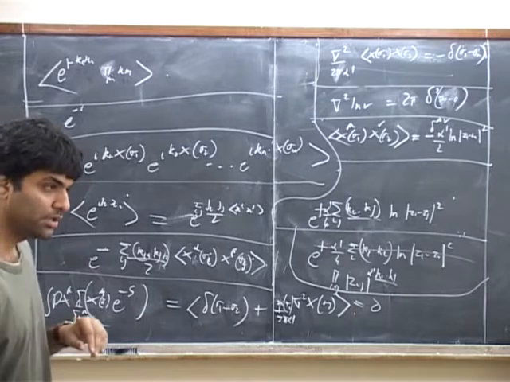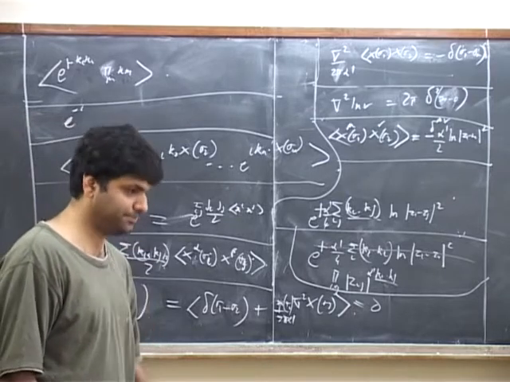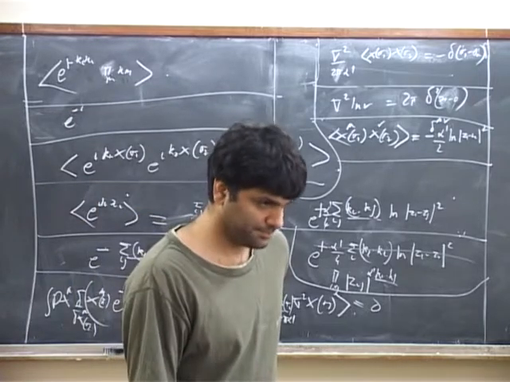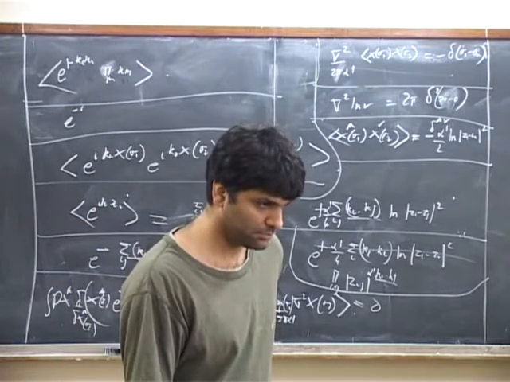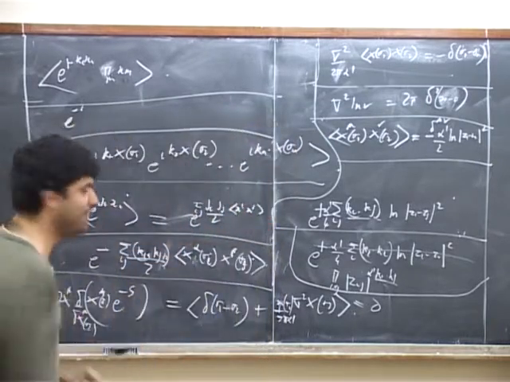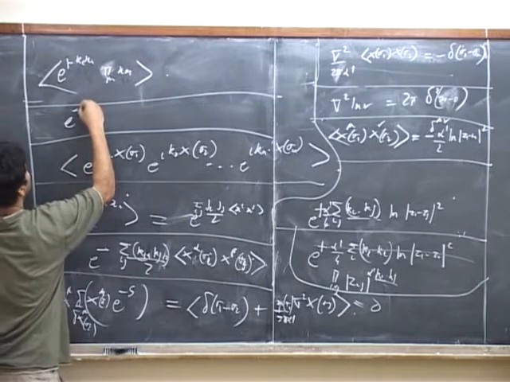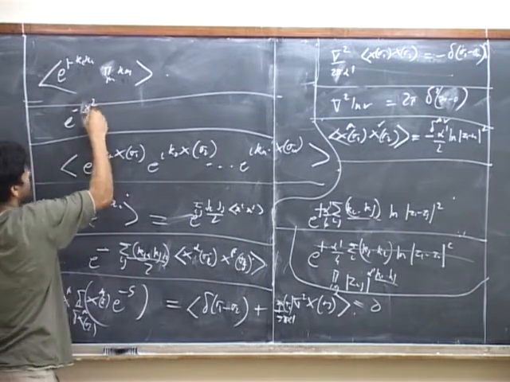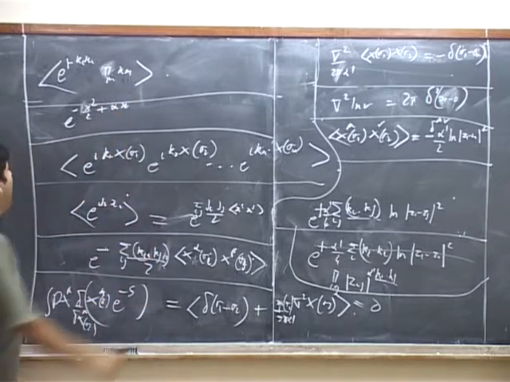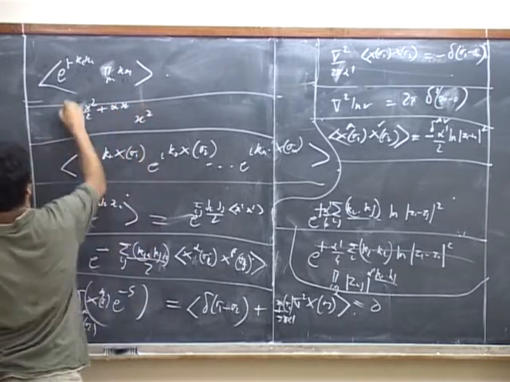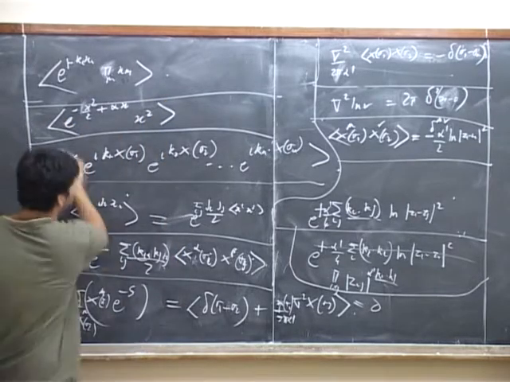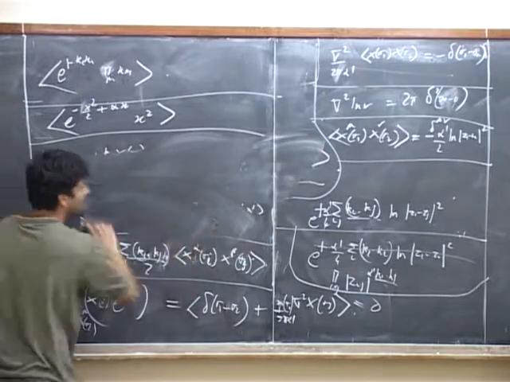The x's will be shifted into some y plus something, and we are only doing the integrals over the something. Let me give you this example a little here. So suppose we have e to the power minus x squared by 2, plus alpha times x, and I wanted to compute the expectation value of x squared. So let's first do it the way we would actually do it and then interpret this. So what would we do?